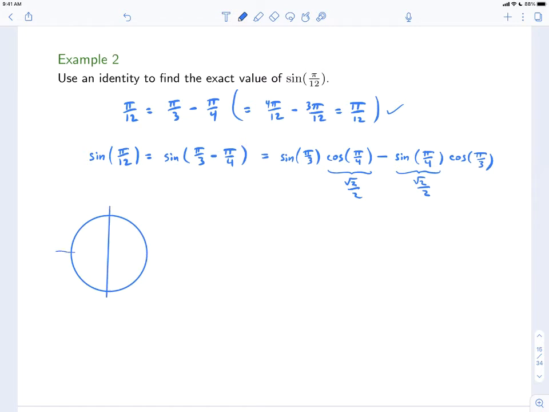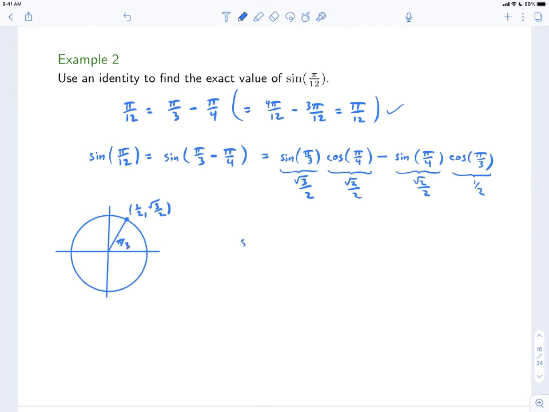This is pi over 3, which is 60 degrees. So it's right there. That's when the y one is bigger. So cosine is 1/2, and sine of pi over 3 is square root of 3 over 2.